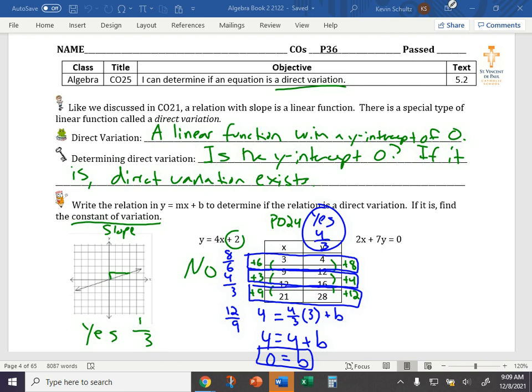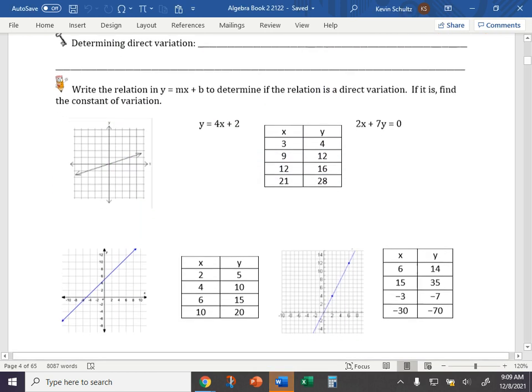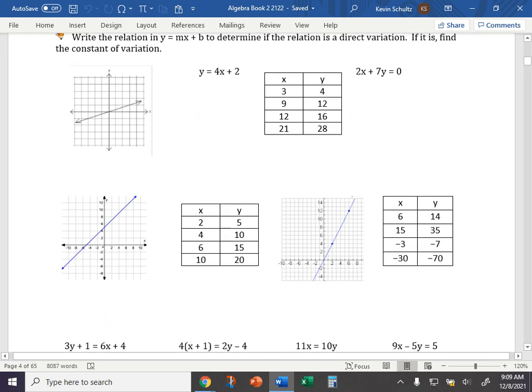So, Damien, what are you looking at further down the page and having questions? Confused on the graphs, on the x and the y axis. Okay, like which one's which? Which one's x and which one's y? Well, I know which one's the x, but I don't get how to find if it's a variation or not. So what we're looking for on a graph is, does your line pass through the origin?